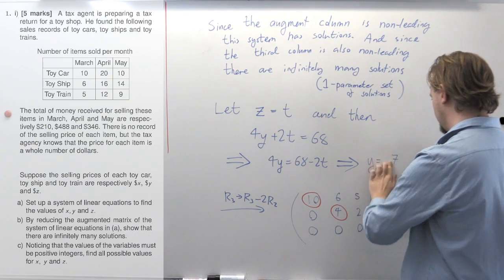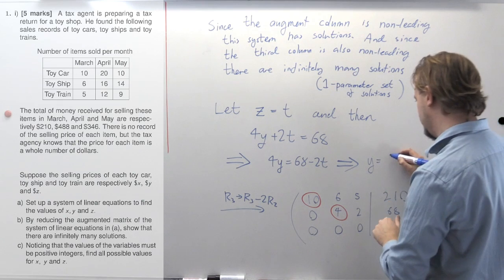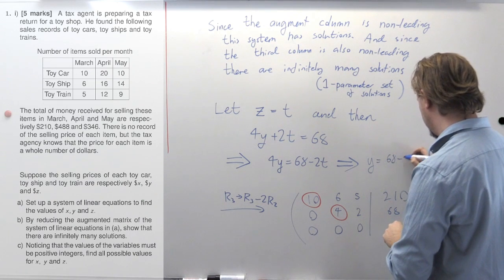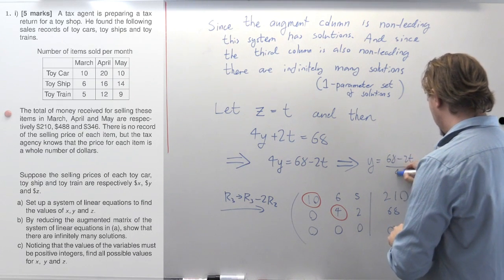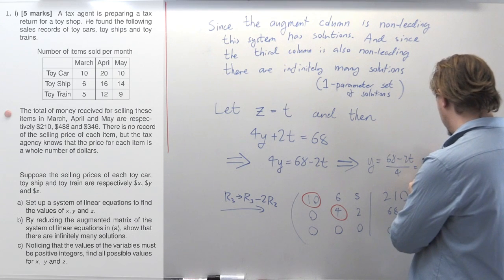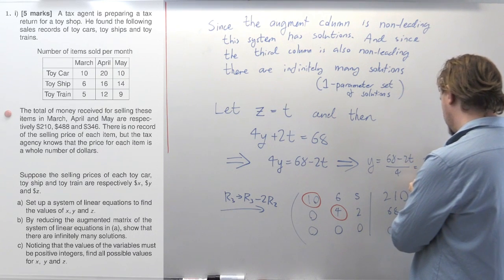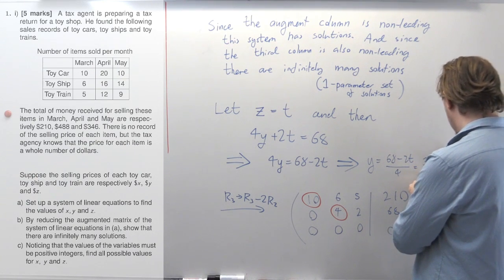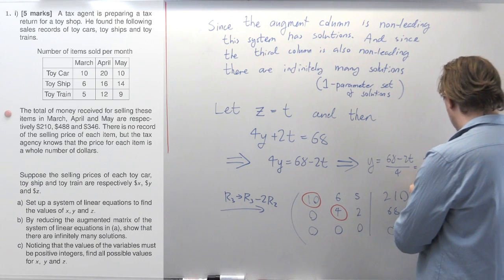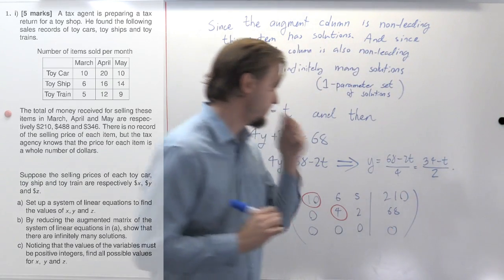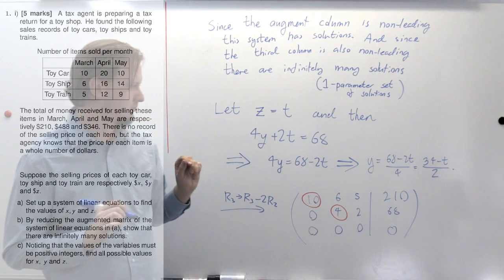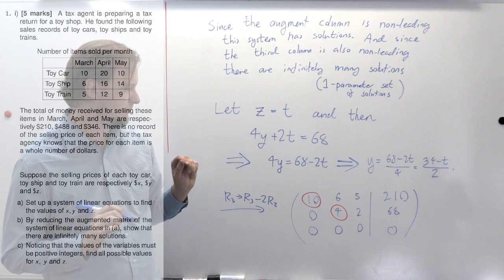Oh, actually no. Let's say it's 68 minus 2t on 4, which is 34 minus t on 2.